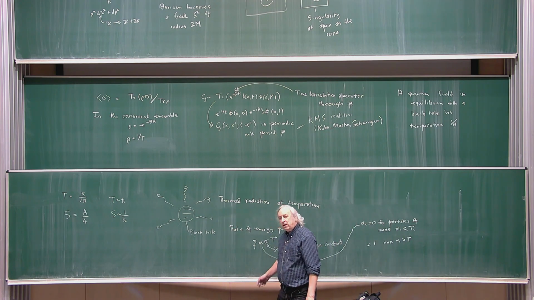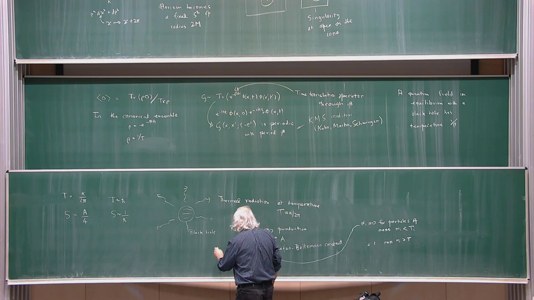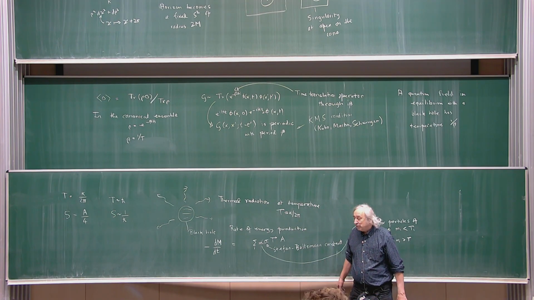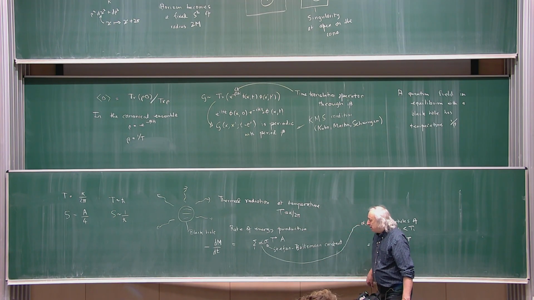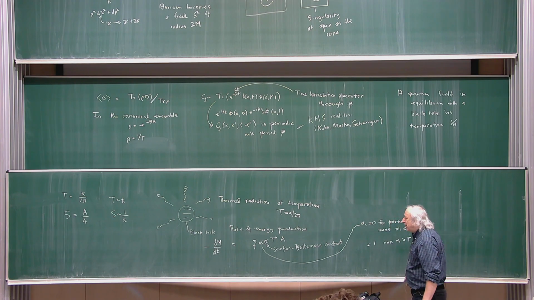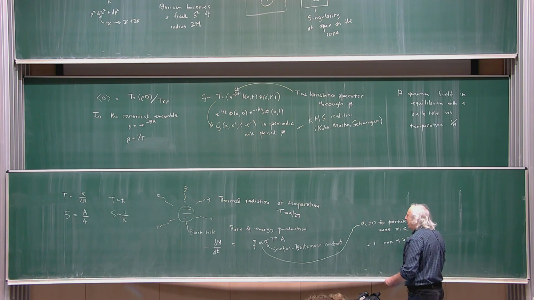But this must be equal to the rate of loss of mass, dM by dt, with a minus sign because the mass is going to decrease. Particles are being radiated, but they're not being replaced by anything. So that tells you the black hole will start to radiate away.